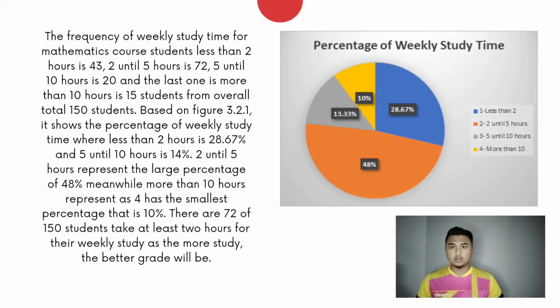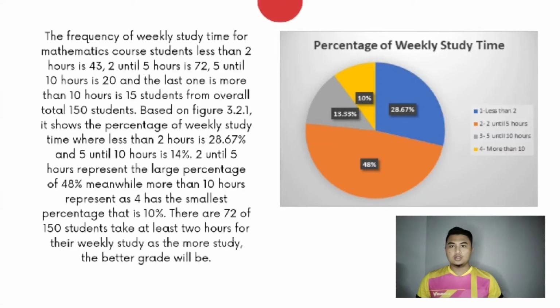Next, we talk about the weekly study time. The frequency of weekly study time for mathematics course students: less than 2 hours is 43, 2 to 5 hours is 72, 5 to 10 hours is 20, and the last one, more than 10 hours, is 15 students overall.